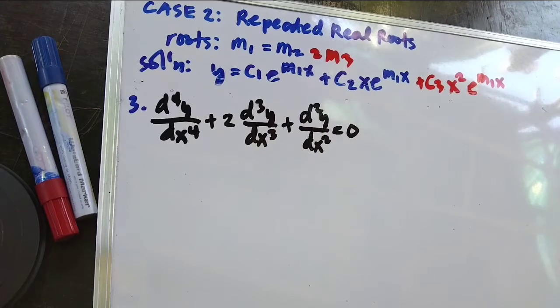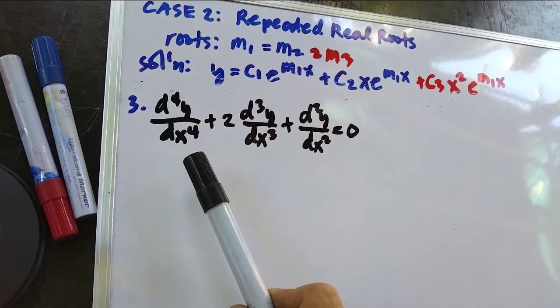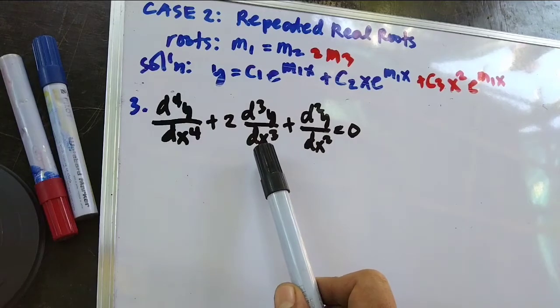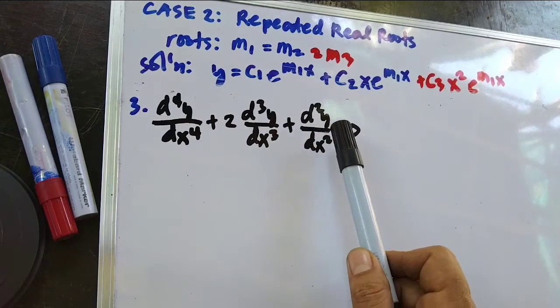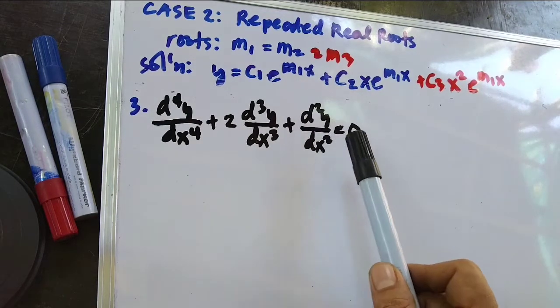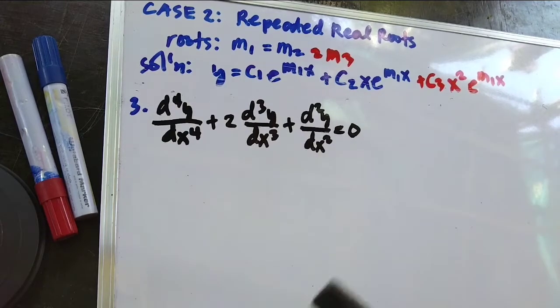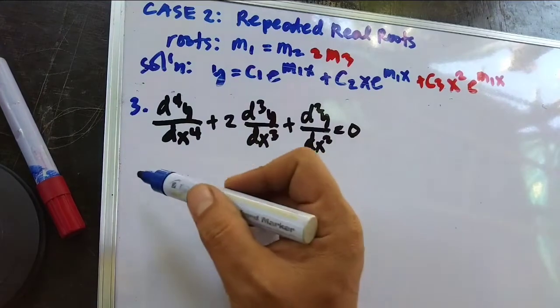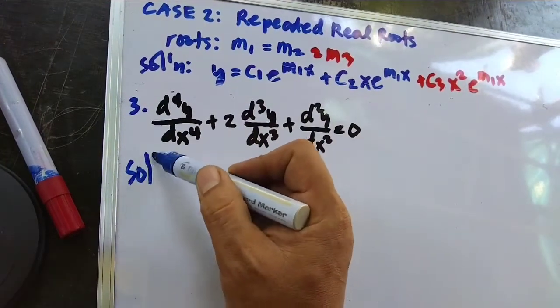Okay, let's continue to our third example of the case 2. You are given the fourth derivative of y with respect to x plus 2 times the third derivative of y with respect to x plus the second derivative of y with respect to x is equal to 0. Again, we will write this first to its auxiliary form.